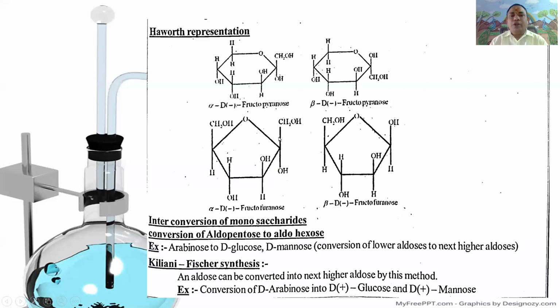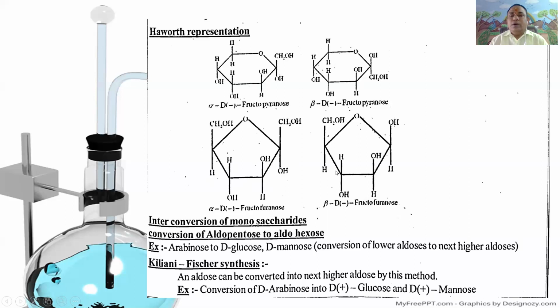The fructofuranose structure is CH2OH, C-OH, CHOH, CHOH, CH, CH2OH. This fifth carbon is linked to the oxygen with the second carbon. In the alpha-D-fructofuranose, the second and third carbons' OH groups are trans to each other.